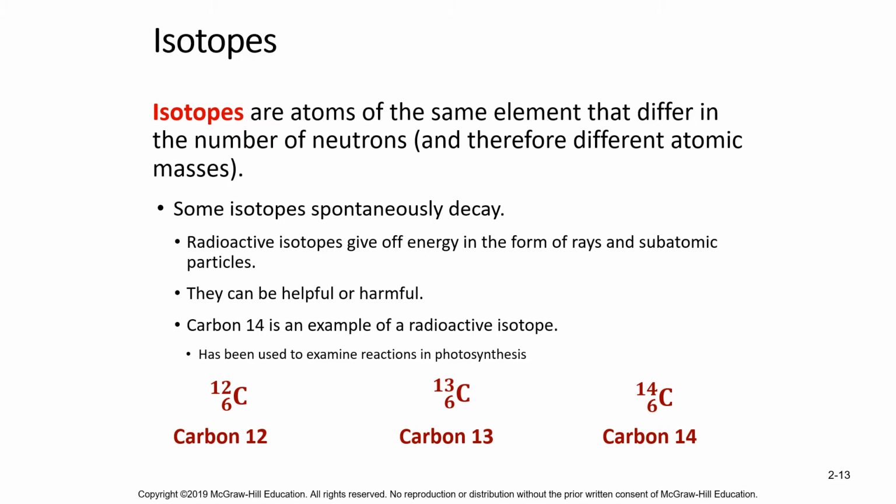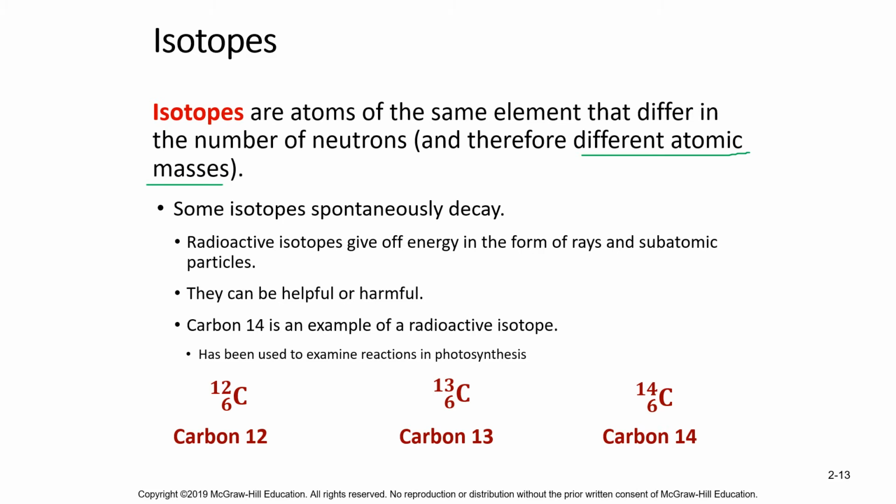And so the proton number is what makes each element unique. We can change the number of neutrons, we can change the number of electrons, and it remains an atom of that element. When you change the number of neutrons, you change the mass. But they're still atoms of the same element.